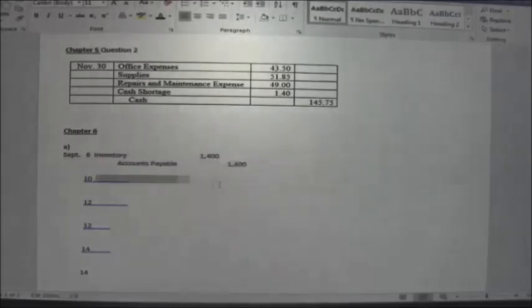Okay? So that means it's just a reversal of the purchase for the amount. I'm going to reduce my accounts payable for $100. I'm going to reduce my inventory for $100. When it's the purchase return, you're just inversing the earlier entry. Okay?